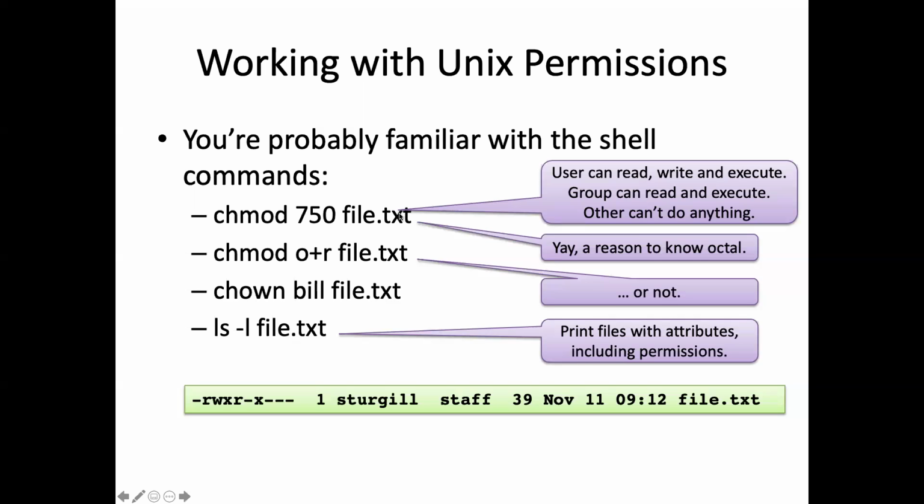If you're not the owner, but you're a member of the group associated with the file, then this 5 in the middle would say you're permitted to read that file and execute it, but not write it. And the 0 in the lowest order digit would indicate that you're not permitted to do anything with that file. The 3 low order bits are all 0.